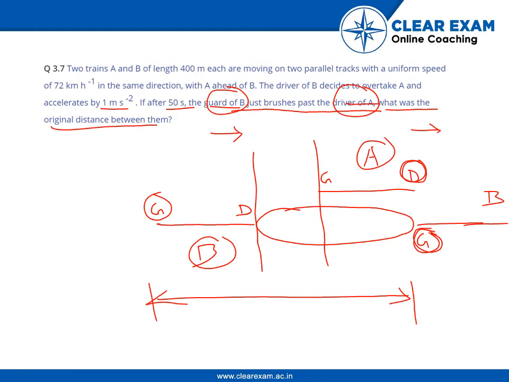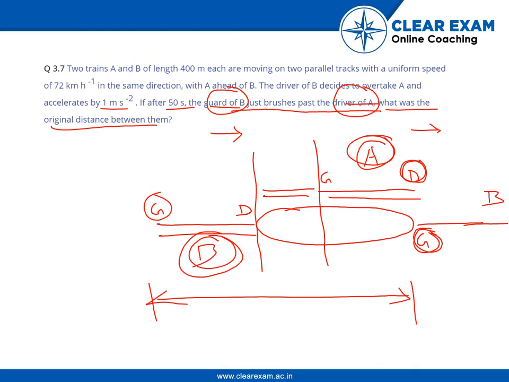When train B decided to move past train A, it needed to drive what amount of distance? Length, the whole length of itself, the whole length of train A, and this distance, right?